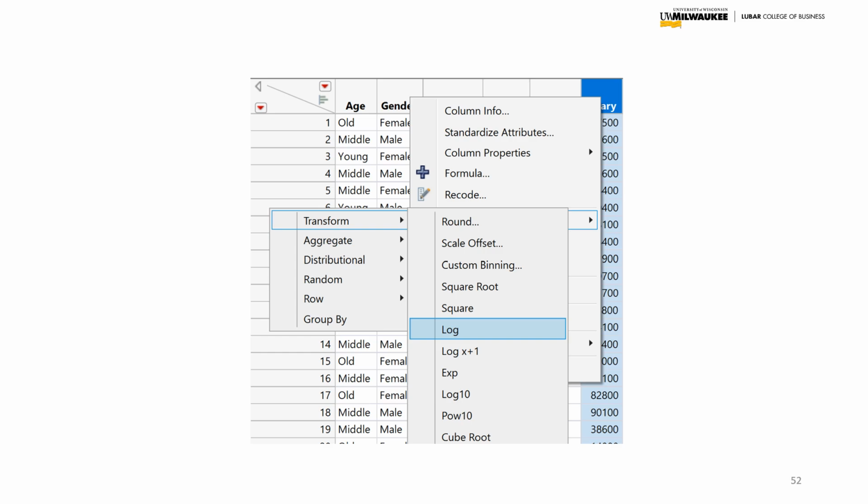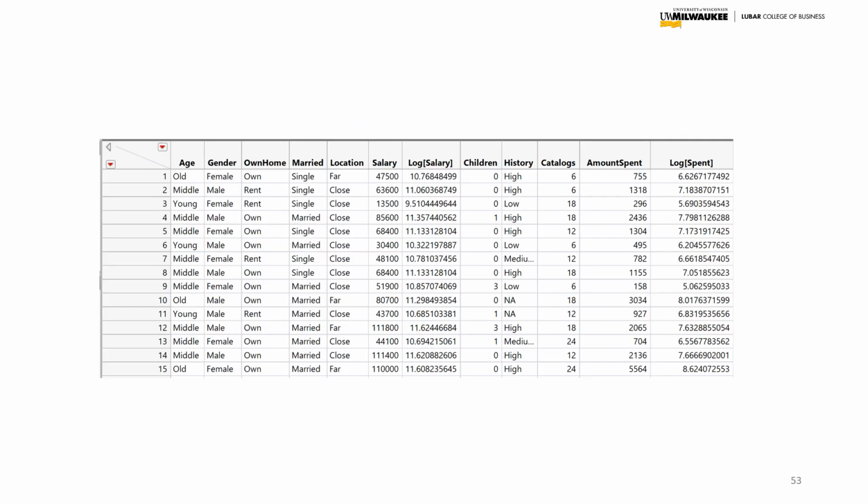By now we should know how to do that. We highlight the salary and spent variables, go to new formula column, then transform, then log. Here's a screenshot of the direct marketing data table. We can see here that we have log salary and log spent.